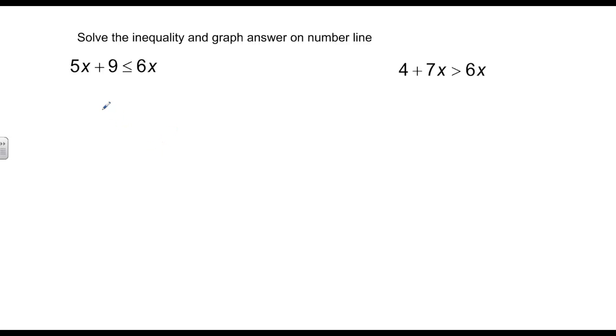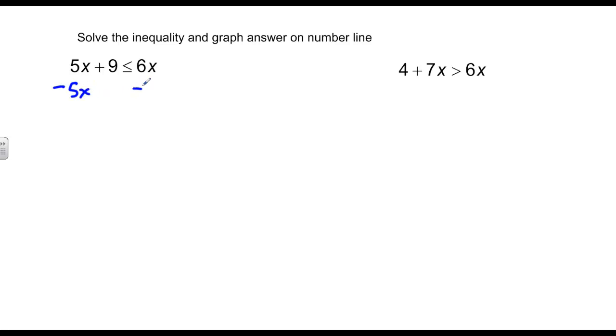Now, you'll notice in both these situations, we have variables on both sides of the equation. And for today, and probably today only, I'm going to ask you to do this. Anytime you have variables on both sides of the equation, when we add and subtract, we are going to try to keep our variable term positive in the end. So in order to do that here, I must bring the 5x over to the other side by subtracting 5x.